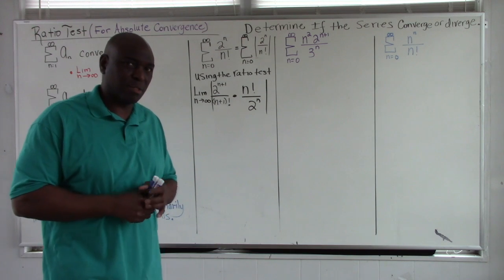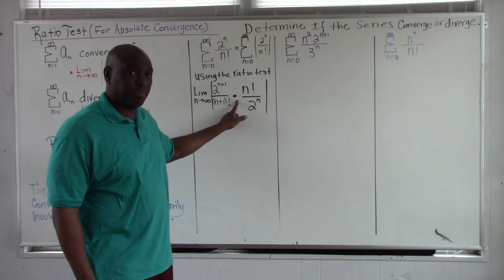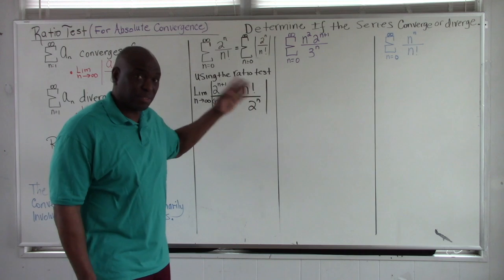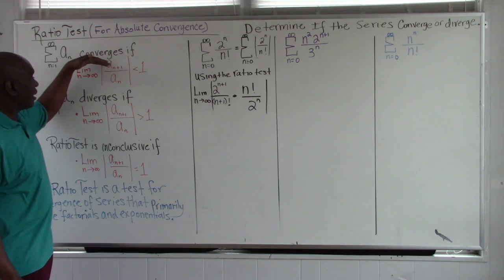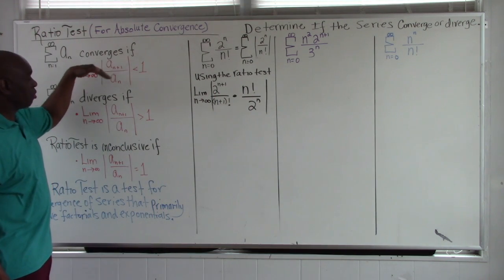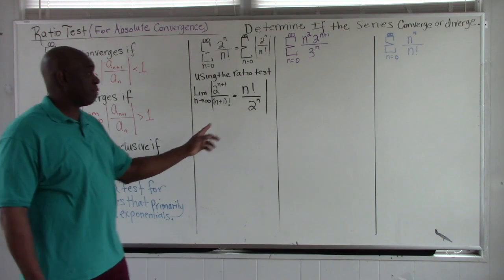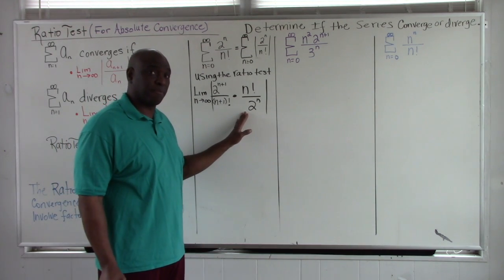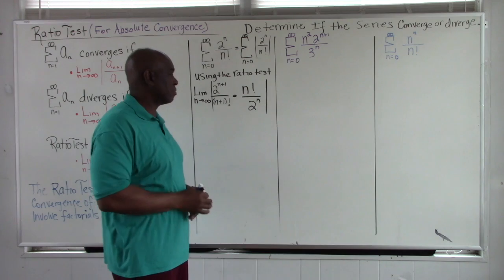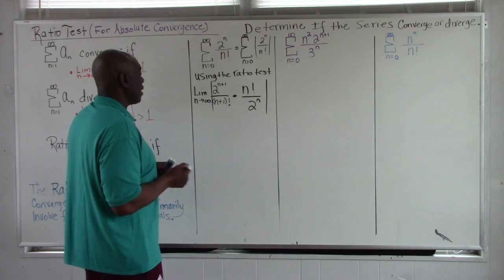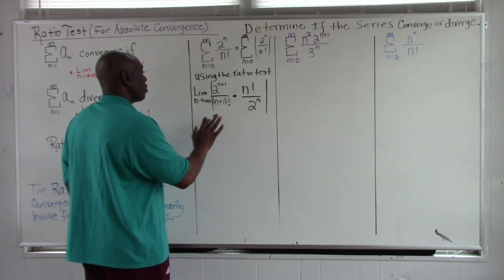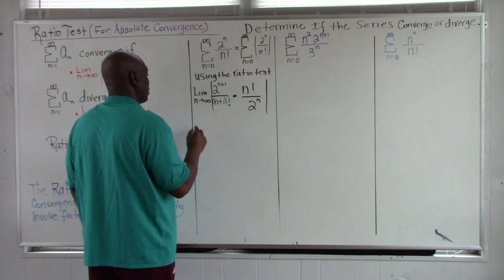You get that? I multiplied by the reciprocal instead of just dividing a subscript n plus 1 over a_n. Good? Okay.